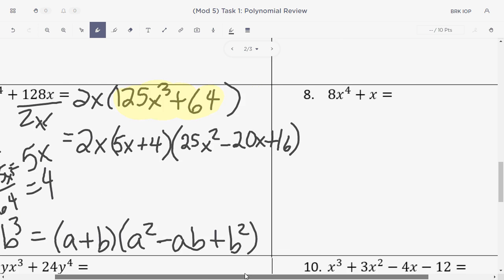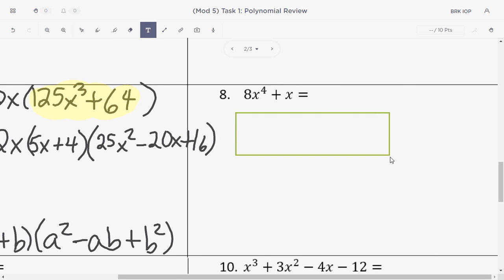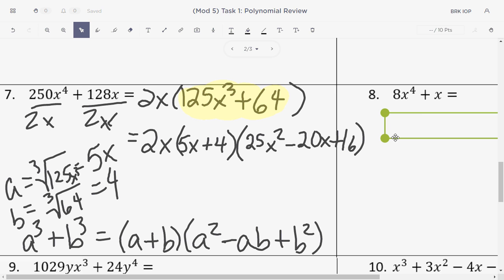I'm going to look at number 8. And in number 8, we're going to do the same thing. We are going to do the GCF, which is just going to be x. Remember, when you do that second term, it's x divided by x, that's 1. So you're going to get x times 8x cubed plus 1.